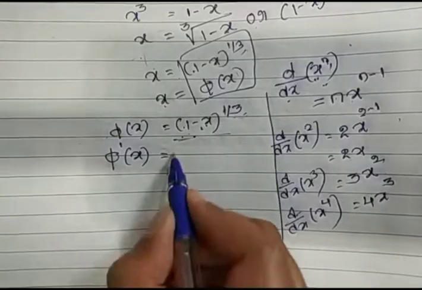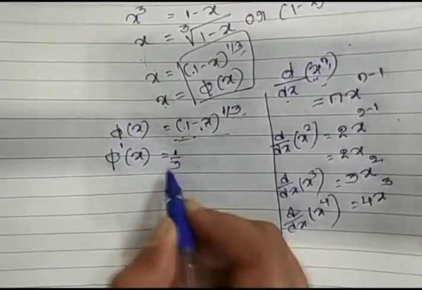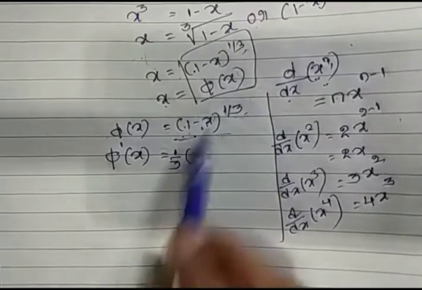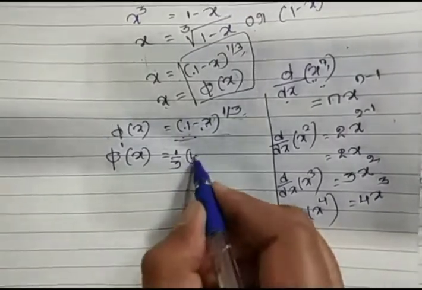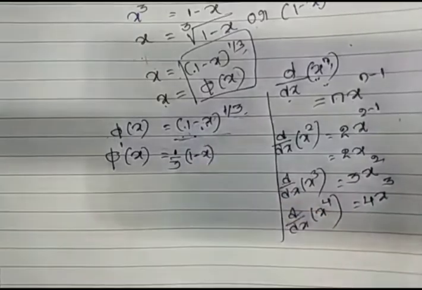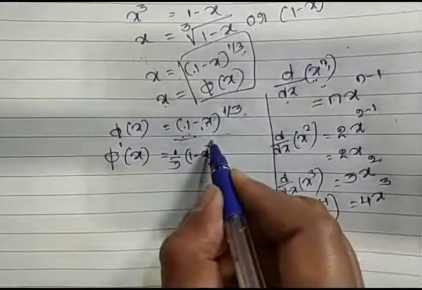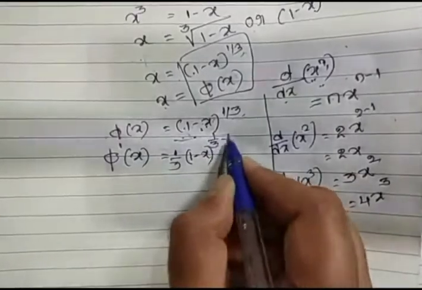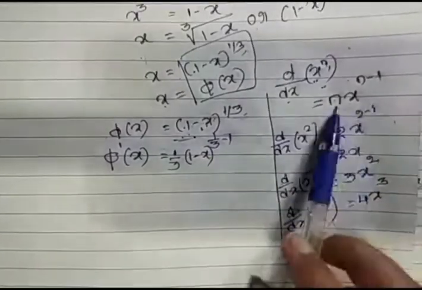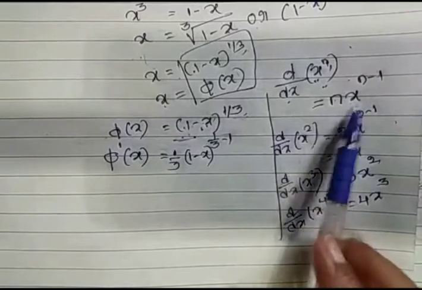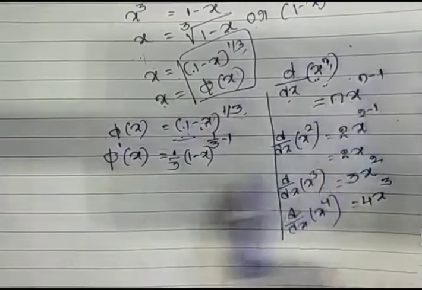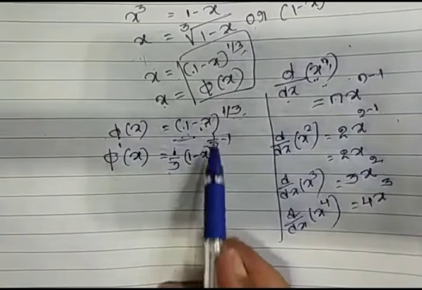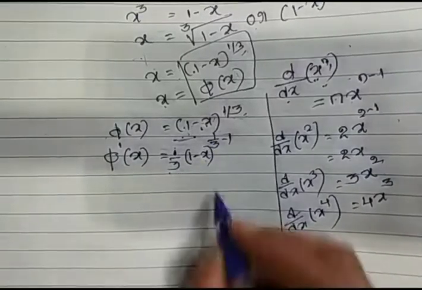So how can we write this? 1 divided by 3 in brackets, in place of x we have 1 minus x, just write it as it is. Then n minus 1, so here it is 1 divided by 3 minus 1. So we have expressed it in the form of n x raised to n minus 1: 1 divided by 3, 1 minus x raised to 1 by 3 minus 1.